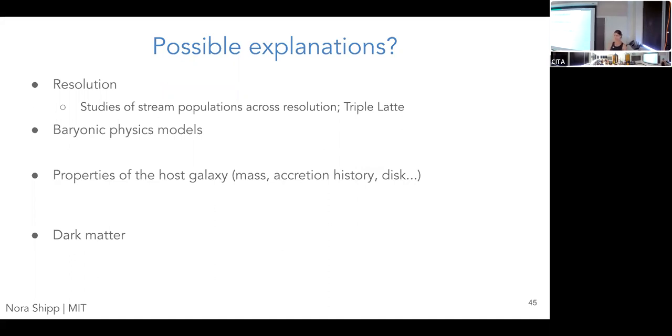It's possible that the FIRE feedback models are contributing to this possible over-disruption. We know that it's a pretty aggressive feedback model that introduces some puffiness into galaxies. Within FIRE, there have been resolution tests to see whether the sizes of the galaxies are resolved, and at these masses, they mostly are. At the lower end, possibly, they could be artificially large due to resolution issues.